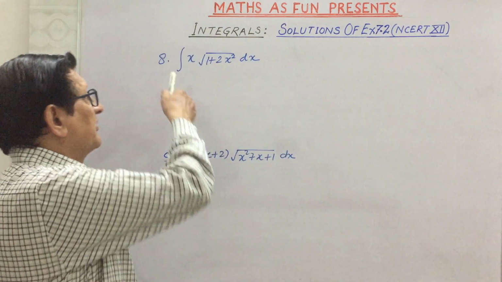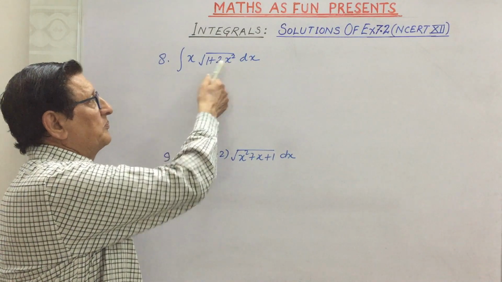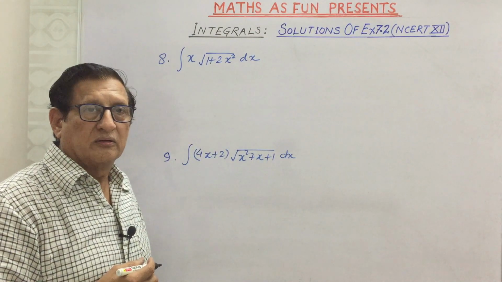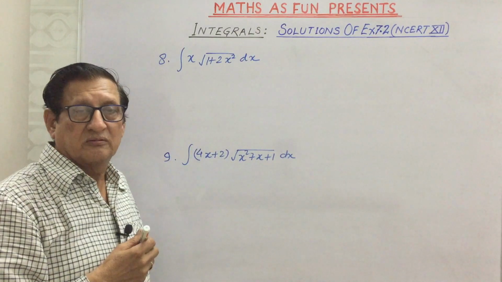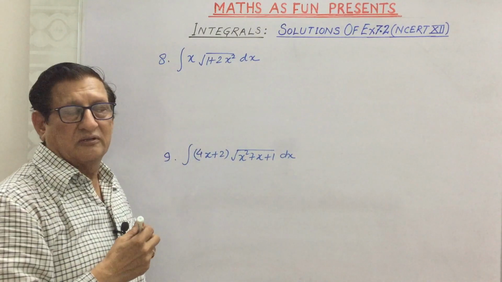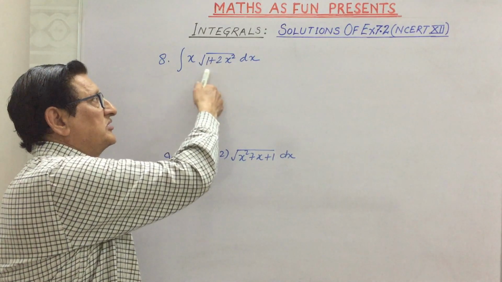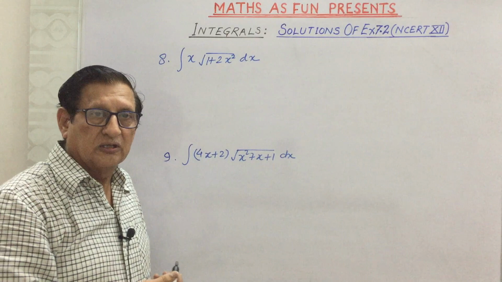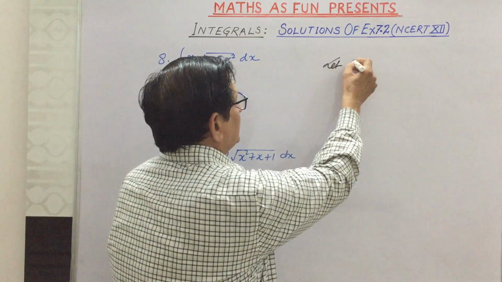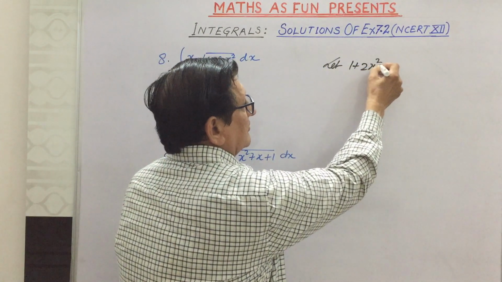Eighth question is integral of x into root of 1 plus 2x square. We know that d by dx of x square is 2x. X is available here. So we can consider this function as t, or to avoid the radical power as t square. Suppose we consider it as t square.